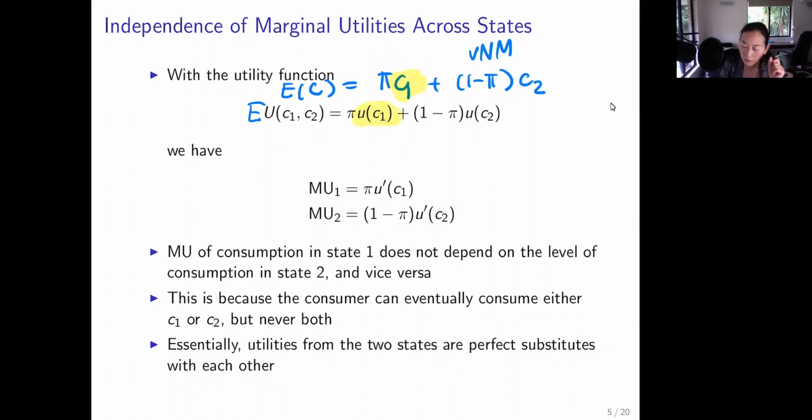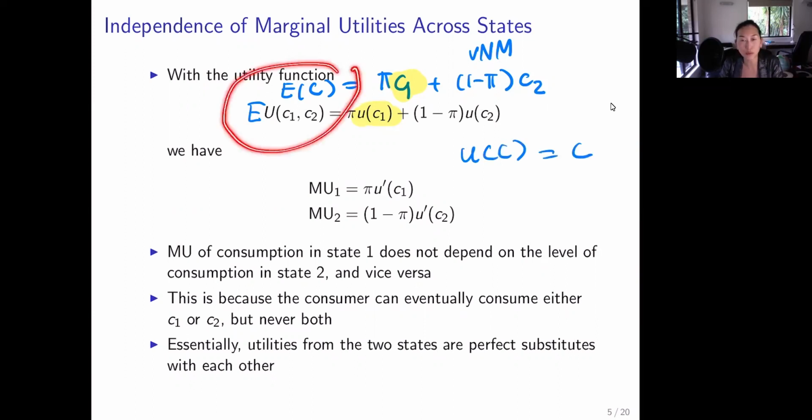Okay, so for expected utility, remember that you cannot just multiply pi directly with the wealth value or the consumption value. You need to actually insert the utility function first. Whatever the utility function is. Of course, if my utility function is equal to C, then it's very clear that this one would equal this one.